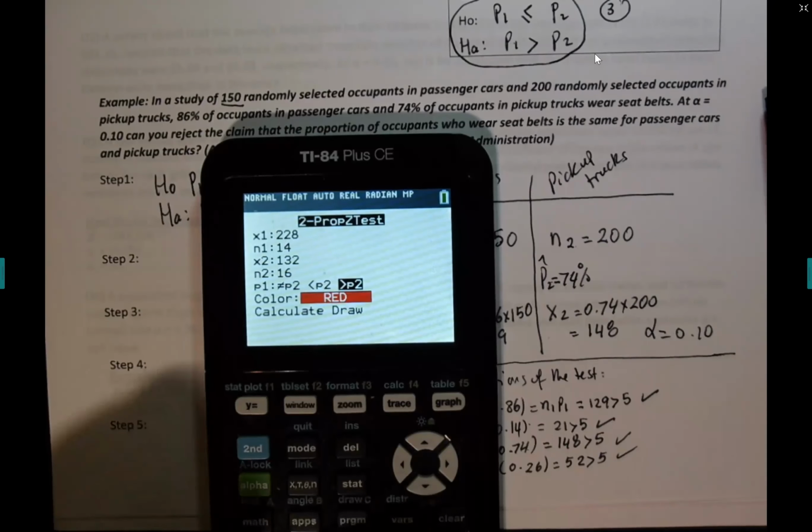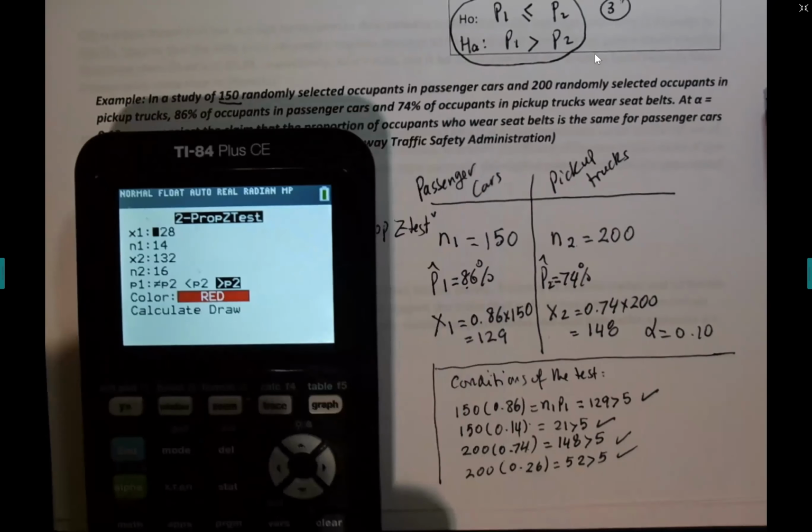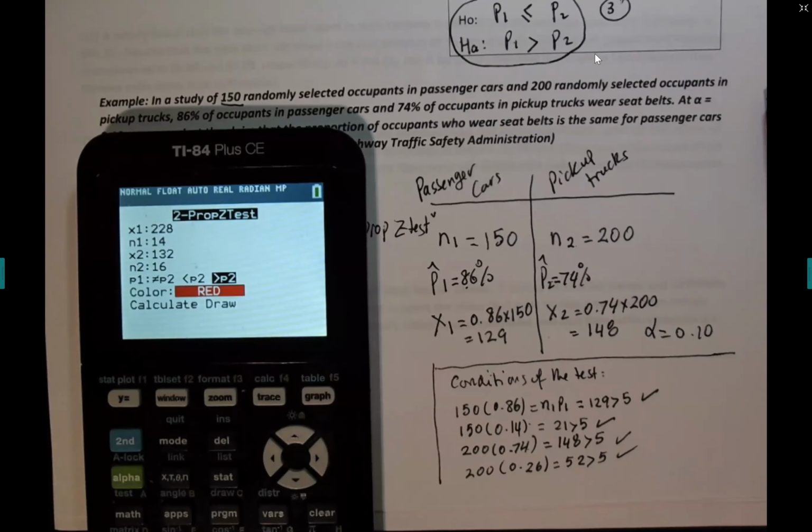Okay, and look, he's asking me for x1, which is 129. He's asking me for n1, which is 150. He's asking me for x2, which is 148. N2, which is 200.